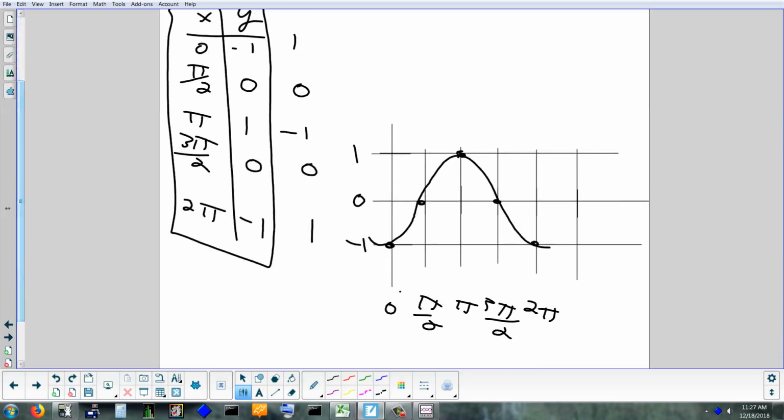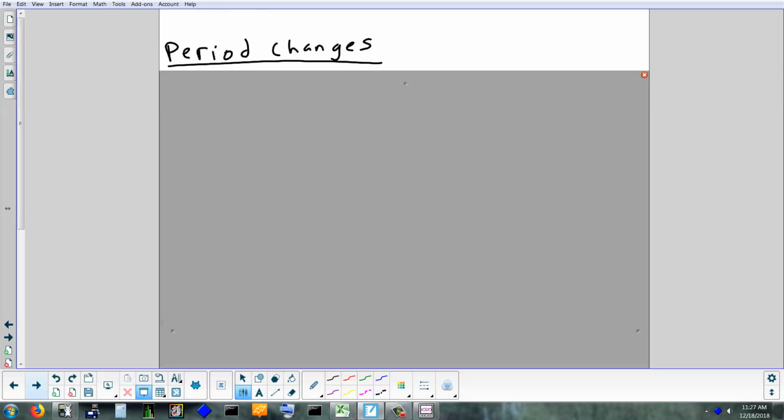All right, so we've done the vertical shift, we did the phase shift, we've done the vertical stretch. The last one we have is a horizontal stretch. And a horizontal stretch is called a period change. So every single problem we've done up till now, the period has always been the same. Anyone remember in radians, how far do you have to go to do one full cycle?